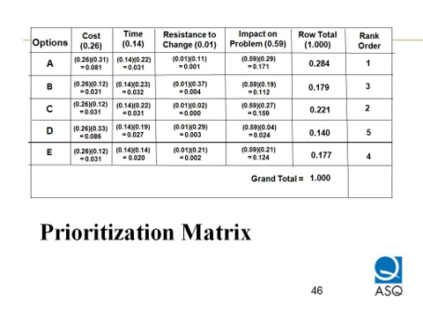Just by looking at the original values, we break it down and say, okay, when you consider cost and time and resistance to change and impact on the problem and how those four factors relate to each other with regard to the options, we end up with that rank order, which is a much more scientific approach to providing an answer to our question.